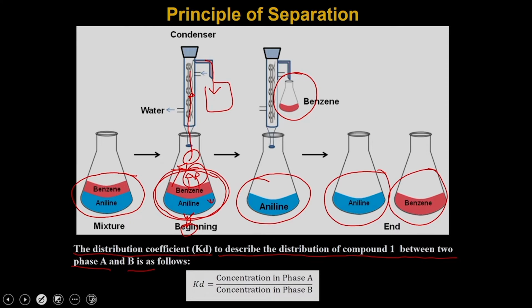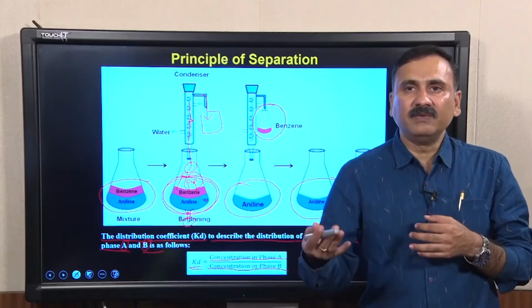So, in this case phase A is going to be the vapor phase and phase B is going to be the liquid phase. So, the Kd is going to be the concentration of the compound in phase A versus the concentration of the compound in phase B.